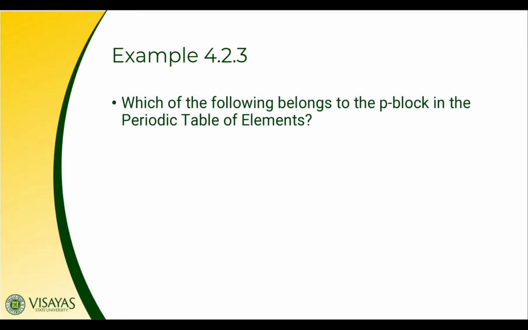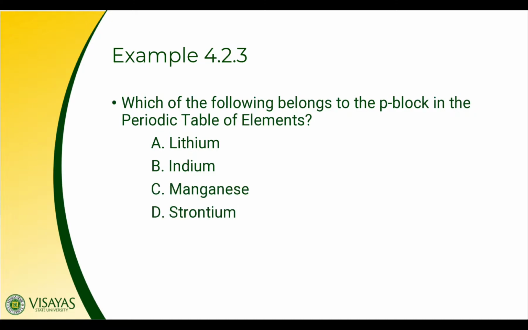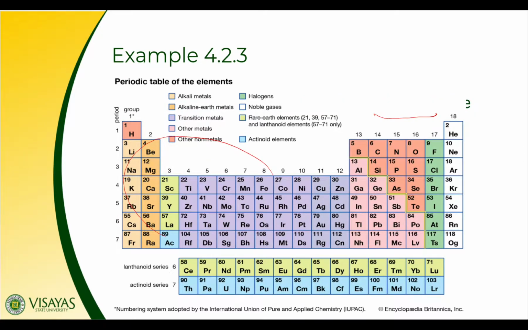Another example. Which of the following belongs to the P block in the periodic table of elements? Is it lithium, indium, manganese, or strontium? Again, we look at the P block and we look for these elements in the table. So where is lithium? It is here, indium is here, manganese is here, strontium is here.